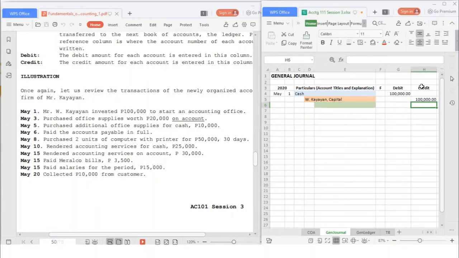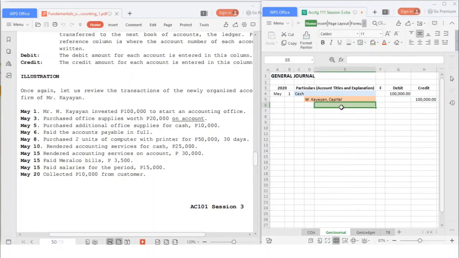Now, always remember nga your debit side and your credit side should always be balanced. Again, your debit side and your credit side should always be balanced. So, dili pwede nga 100 imong gibutang diri o na diri kay 150. So, di ba dapat balance kini imuhang debit o credit kada journal entry.